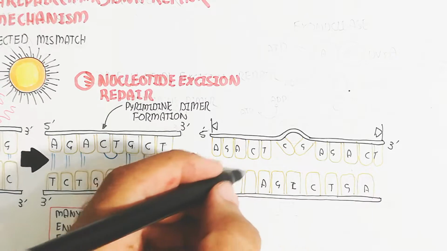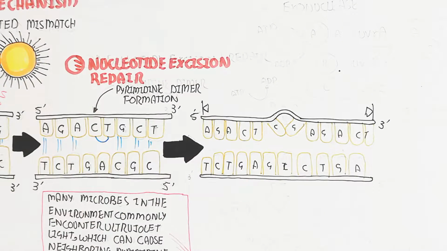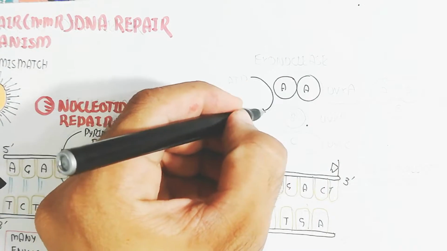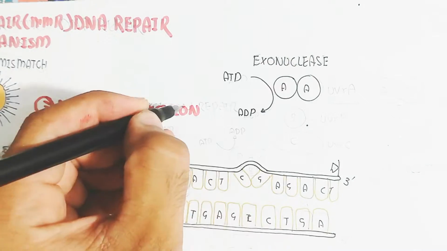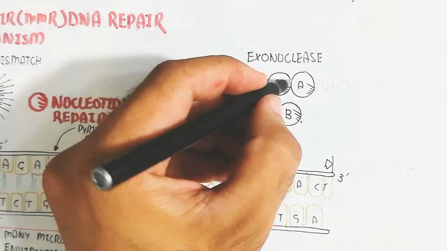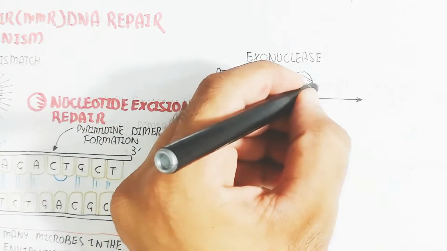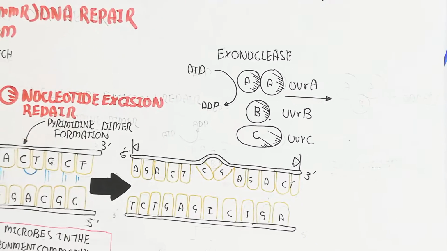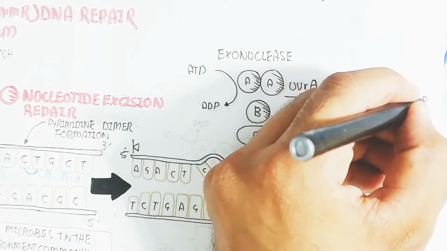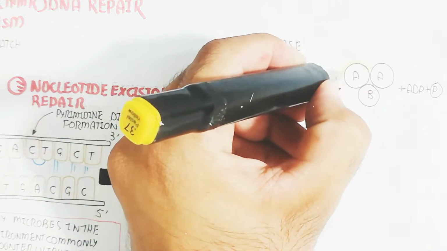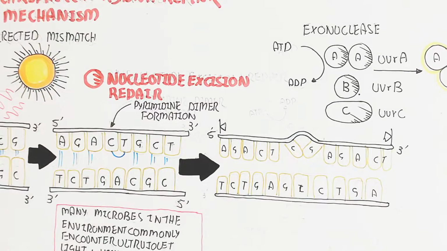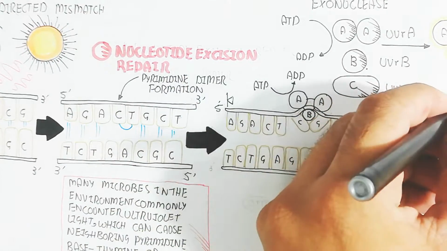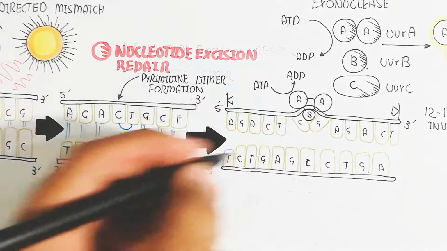Here is the activation of the exonuclease enzyme containing 3 subunits, 2 A and 1 B. The proteins are UvrA, UvrB and UvrC, which have exonuclease activity. These proteins combine, with UvrA and UvrB forming a trimeric complex using ATP to bind the site of the pyrimidine dimer.